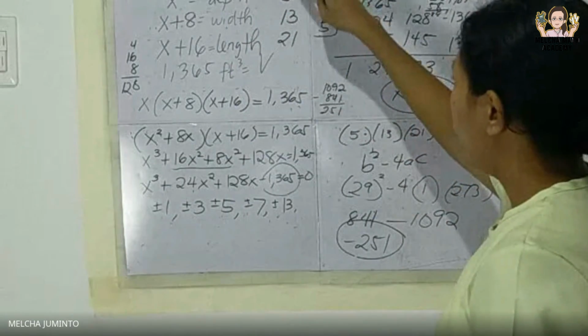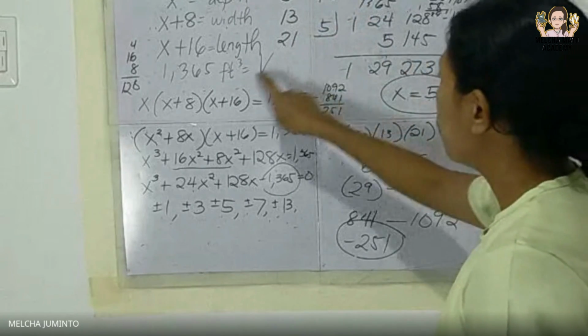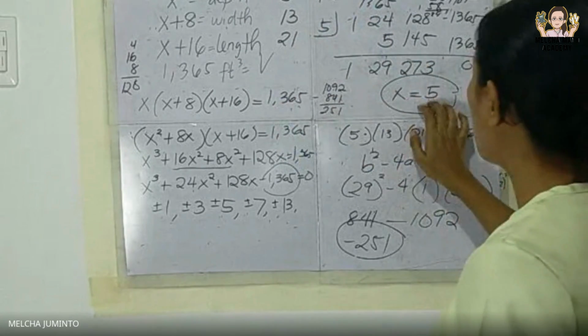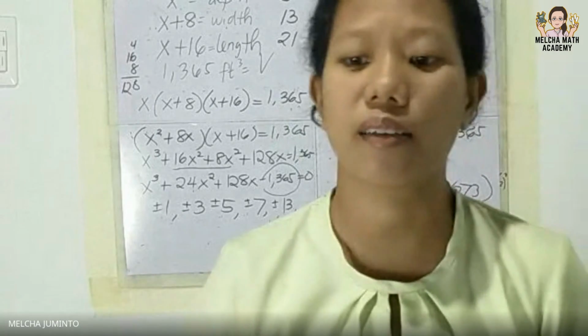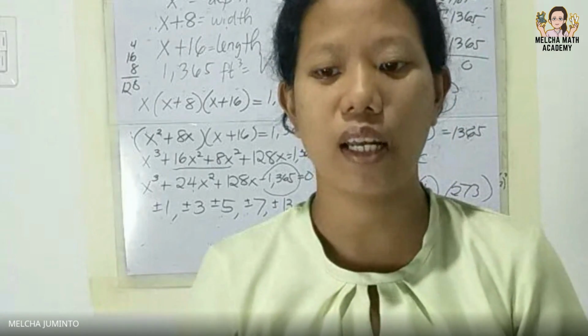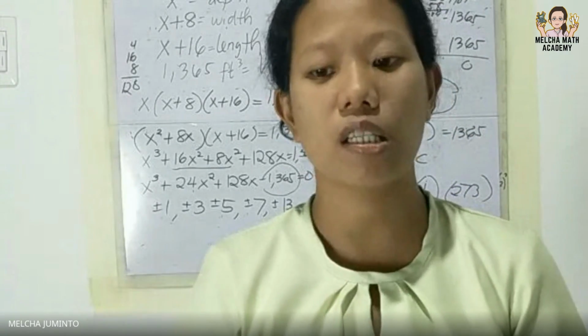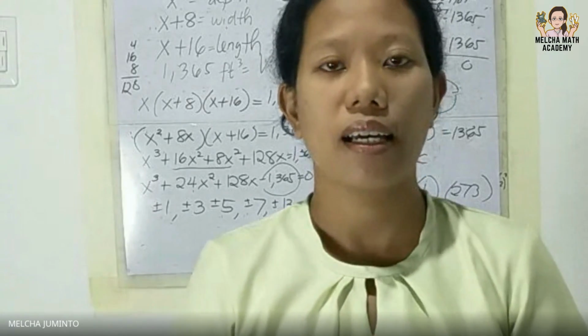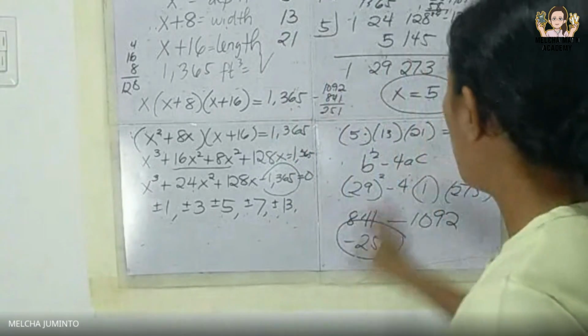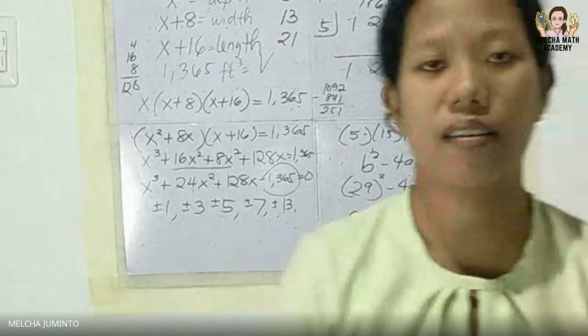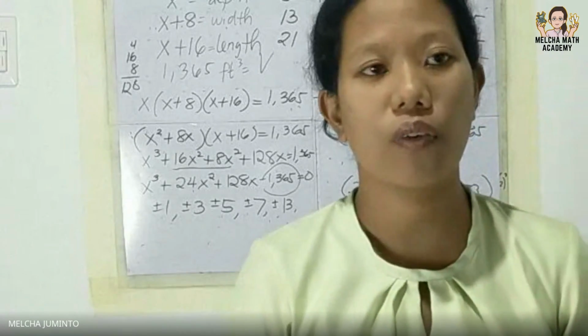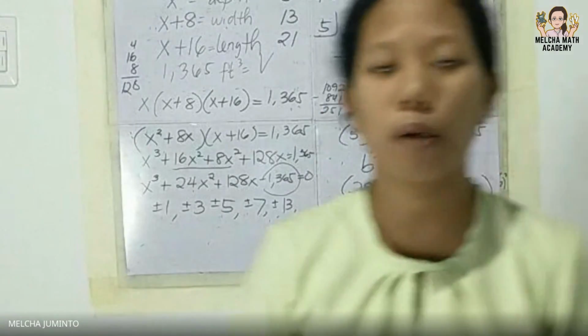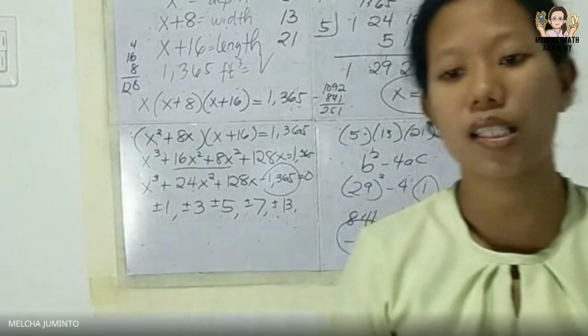And if you're able to multiply them and the result for the volume is correct, that proves that the value of x is correct. Checking by substituting the value of x is enough. You will only use the discriminant in quadratic equation. For cubic or any other polynomial equation, discriminant is not applicable.